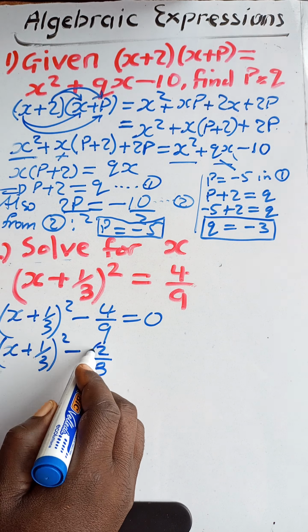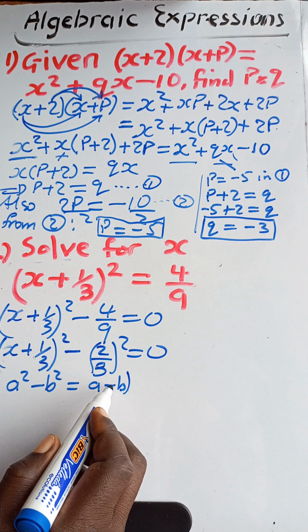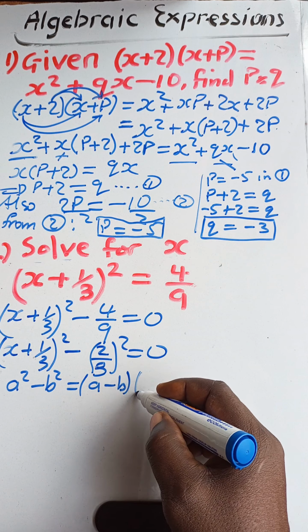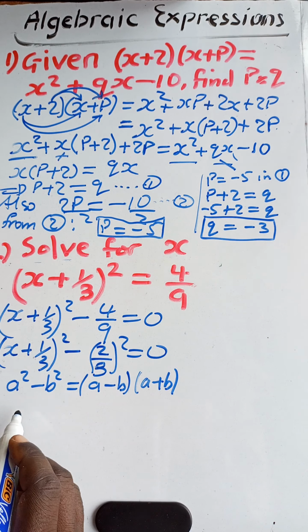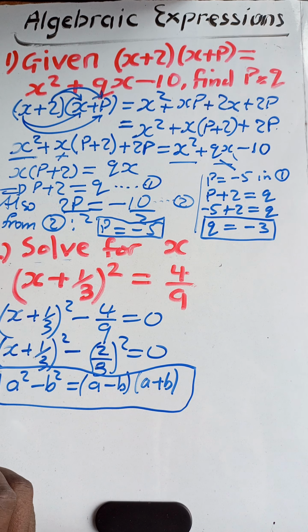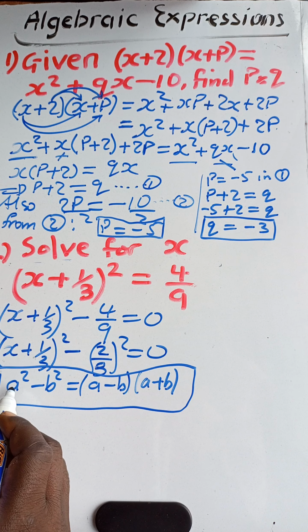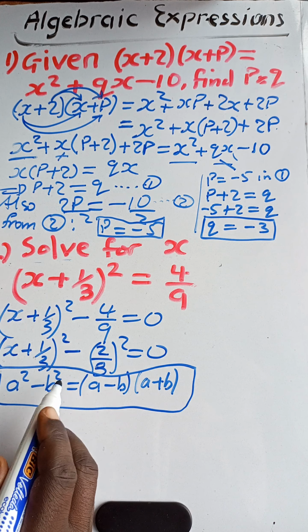Now we will use the difference of squares identity, which says a squared minus b squared gives us a minus b into a plus b. Now, a here takes the place of x plus 1/3. b here takes the place of 2/3.